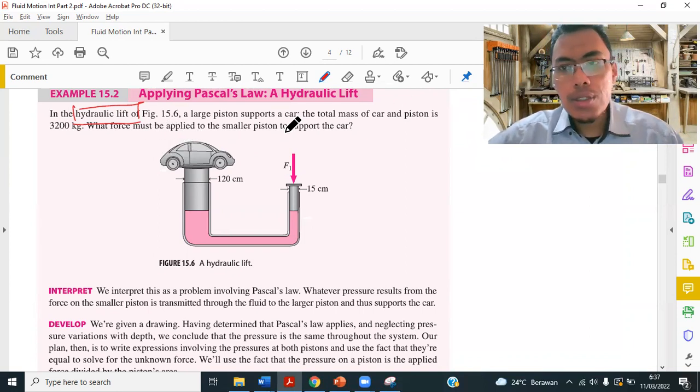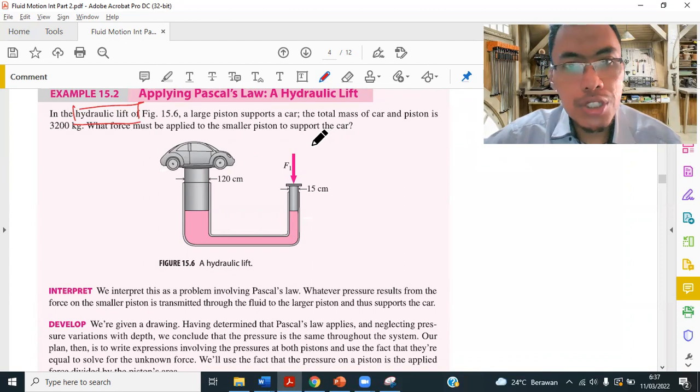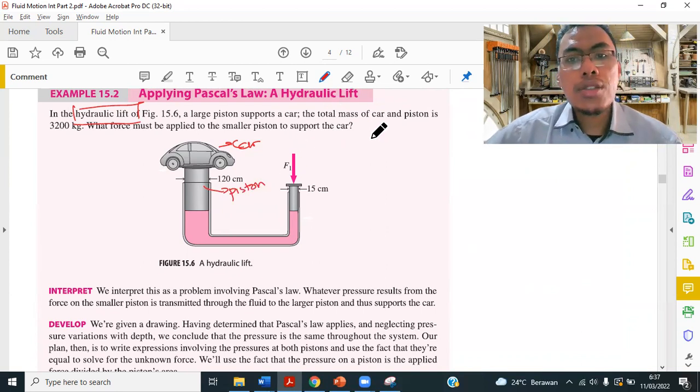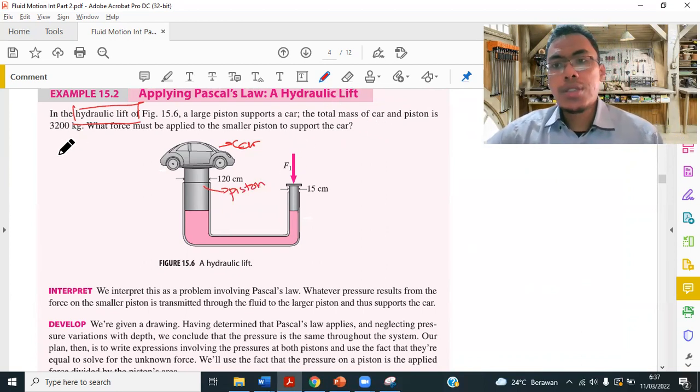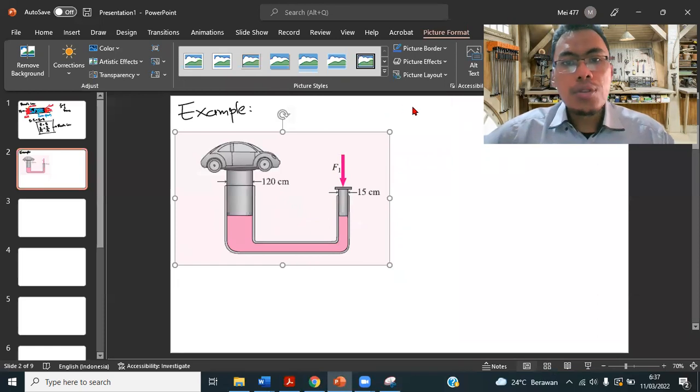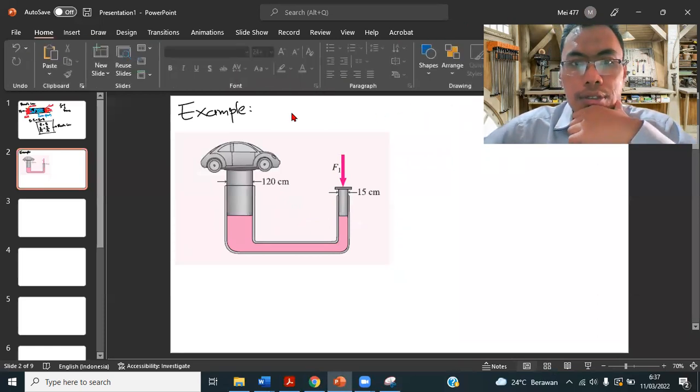Nah, and then in this problem, we have information that the total mass of car and piston, so this one is the car and this one is the piston, and the total mass of car and piston is 3,200 kilograms. So this one is the mass. I'll put this one as mass.